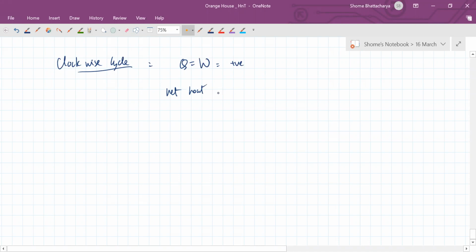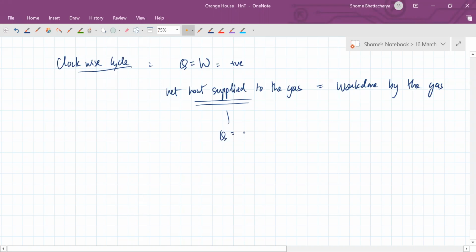So net heat supplied to the gas equals to work done by the gas. Okay, why net heat is supplied to the gas? Because Q is positive. And why work is done by the gas? Because W is positive.